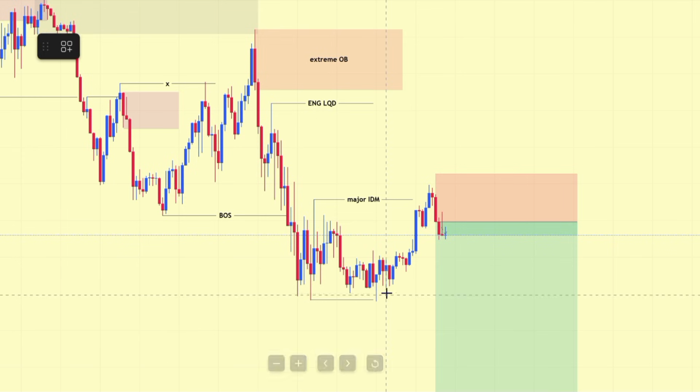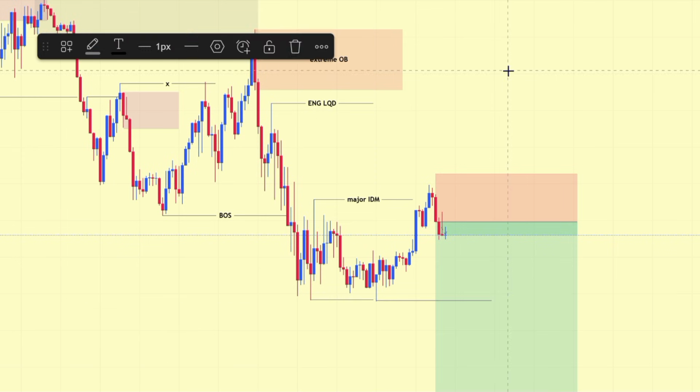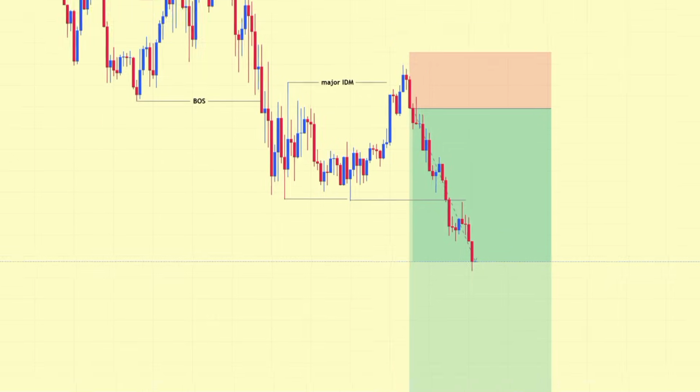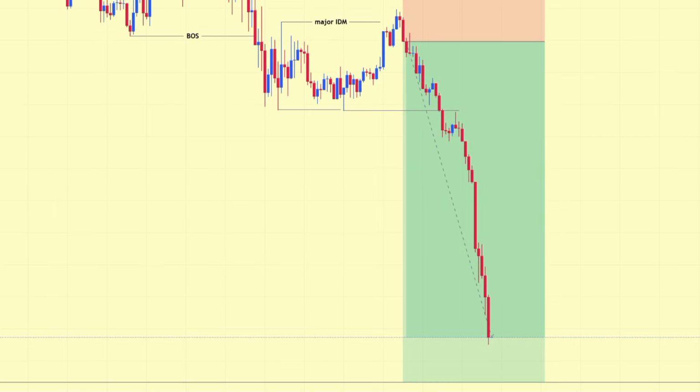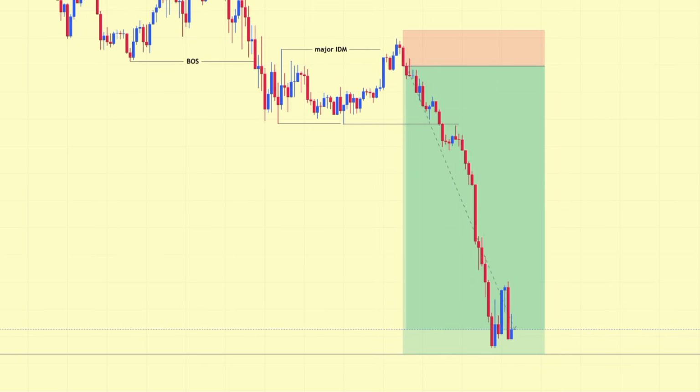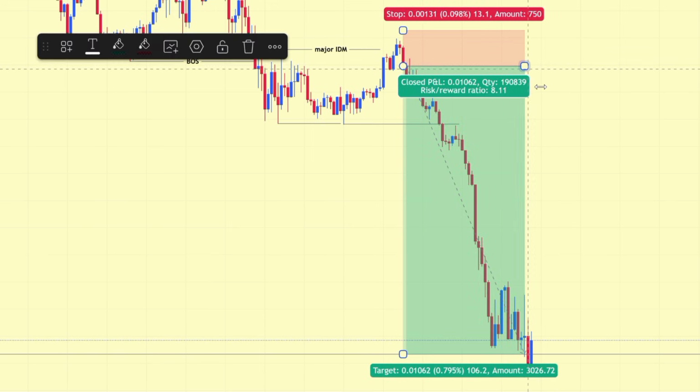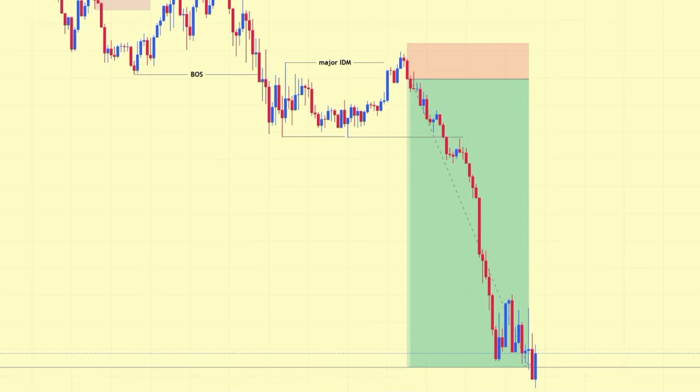So yeah, and of course, a break past that external low will be a bearish break of structure. Okay, and luckily you can clearly see price respected that sweep, and price headed lower and lower and lower, and eventually price made it to the full TP, exactly right there with the 1:8 RR.